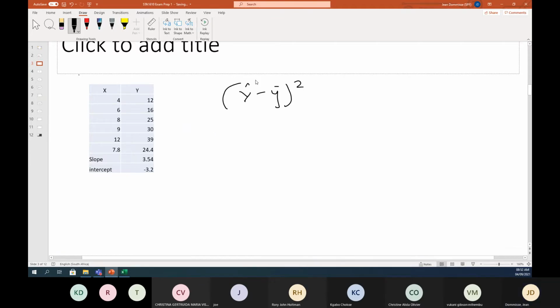So for the y hat, and I'm just going to do it here, it is mx plus c, and that is how I have calculated it in Excel. Okay, so m is your slope, it's that 3.54.